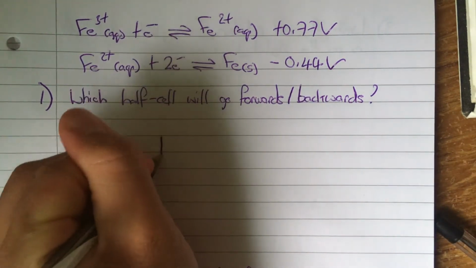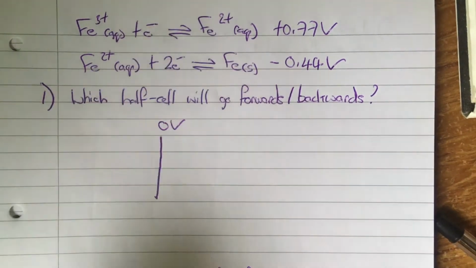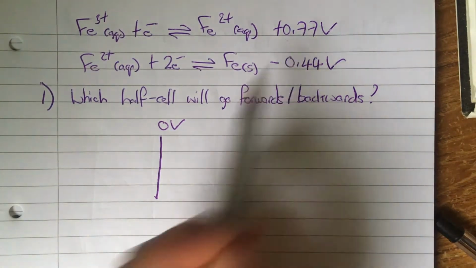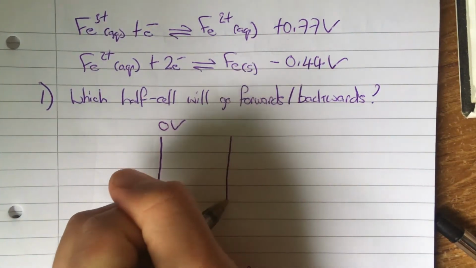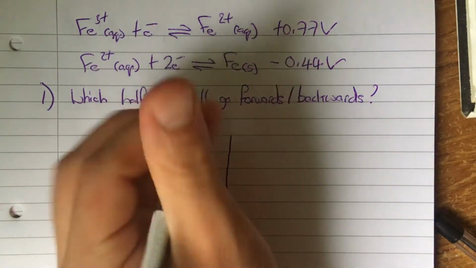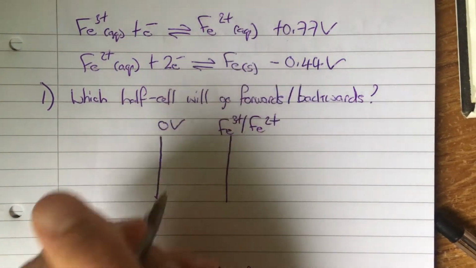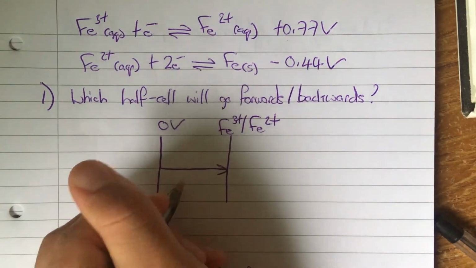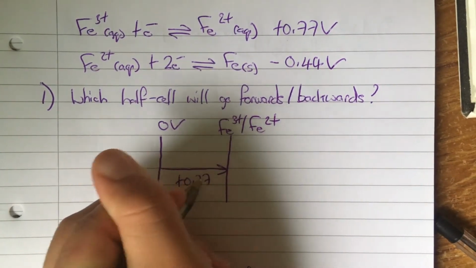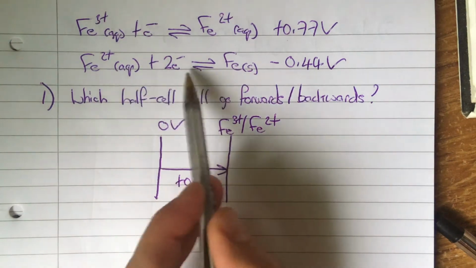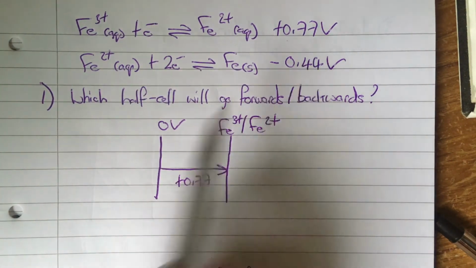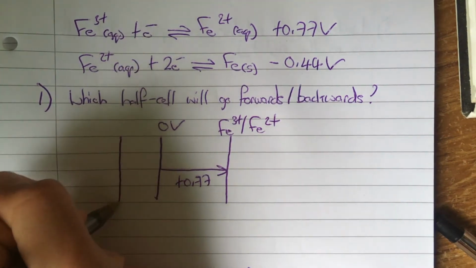So we're going to draw my 0-volt diagram. I'm going to draw my line for my top one, which is the iron 3+, iron 2+, and that is plus 0.77. And then my line for the iron 2+ to iron solid is going to be minus 0.44.